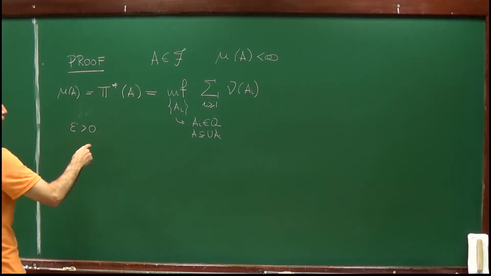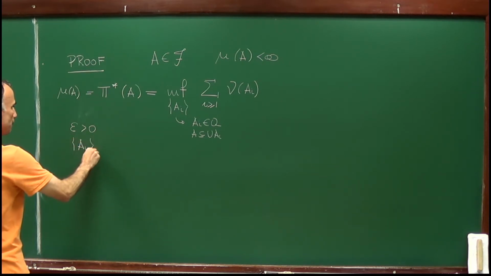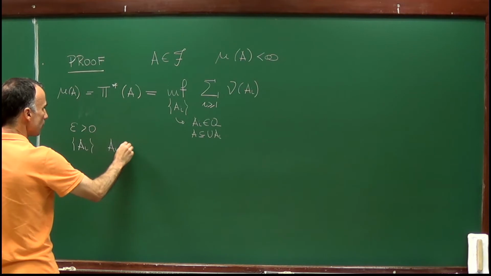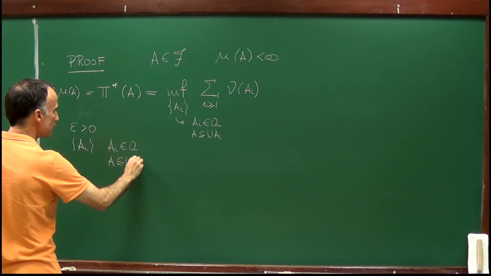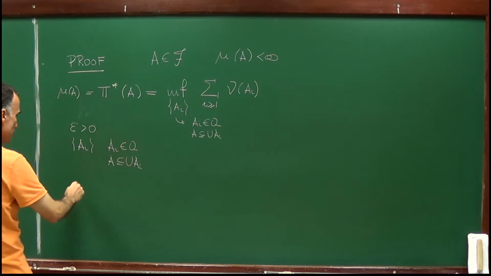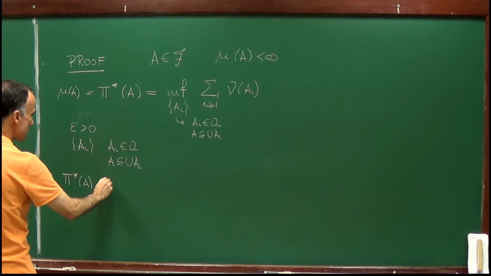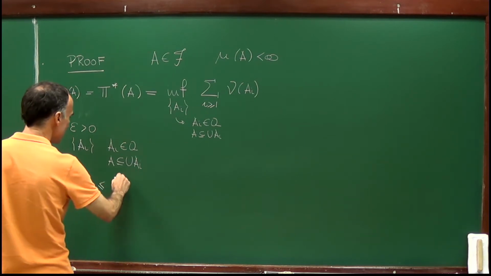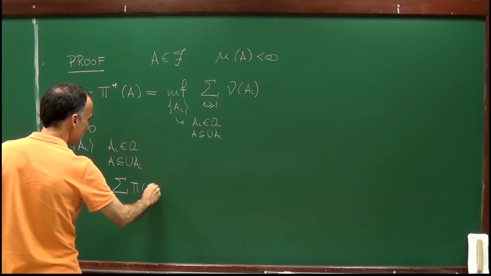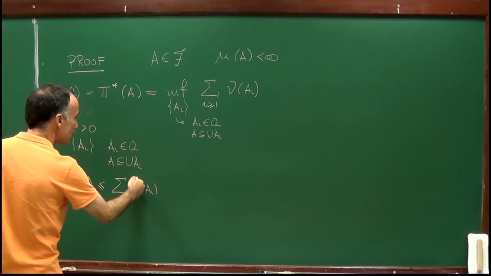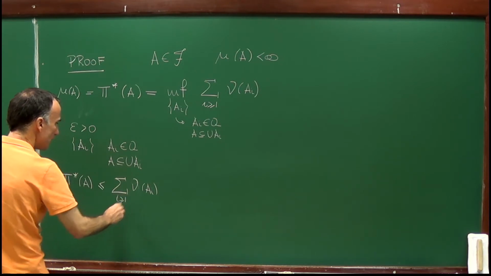This means that there exists a covering A_i, where A_i belongs to the algebra, and A is contained in the union of A_i, such that P star of A is less than or equal to the sum of nu of A_i.